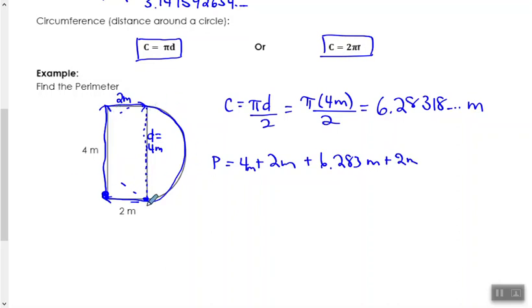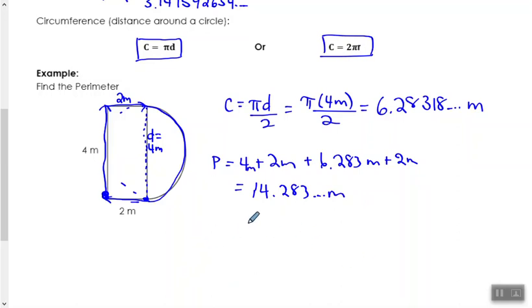So 1, 2, 3, 4 things. Calculating that, you get 14.283, and so on, meters.